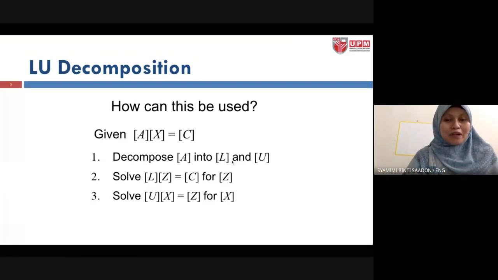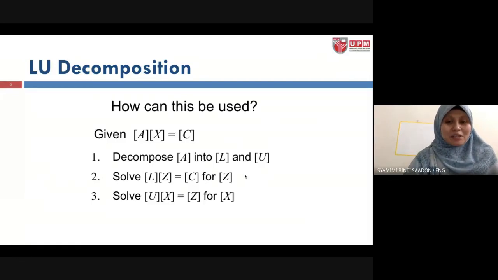When we have found the lower and upper triangular matrices, we have to solve both of them. First, the lower matrix L multiplied by another matrix, which we call Z, with Z1, Z2, Z3, equals C, the right hand side matrix.